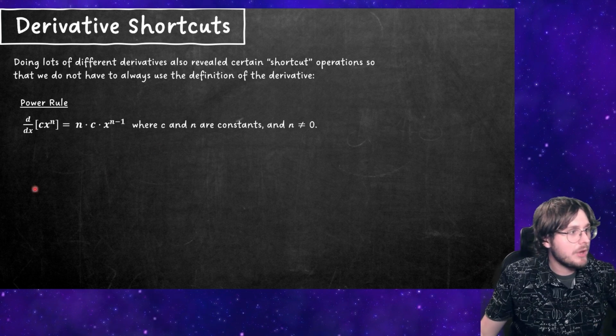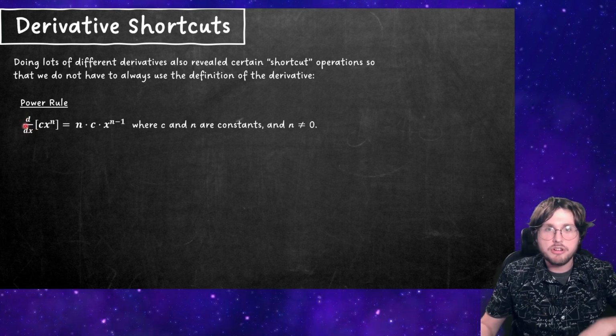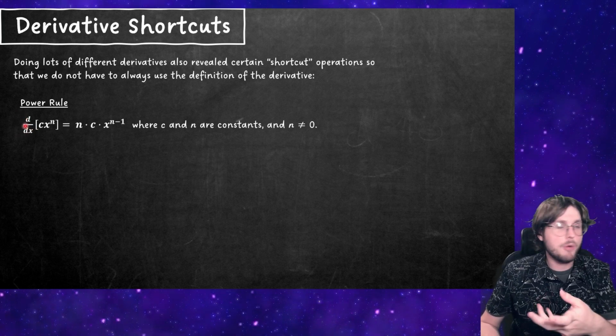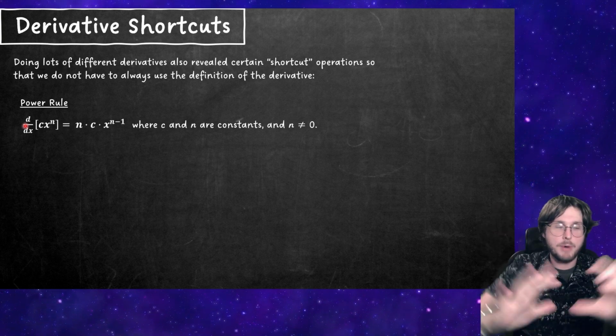And I want to point out this d over dx format right here. This d over dx is generally called a derivative operator. This is almost like a command saying I'm applying a derivative to the function within the brackets.